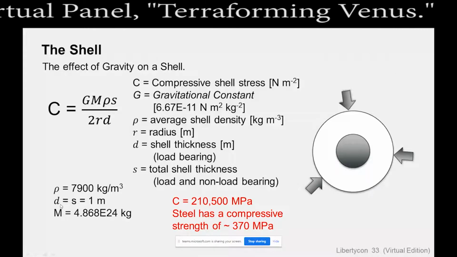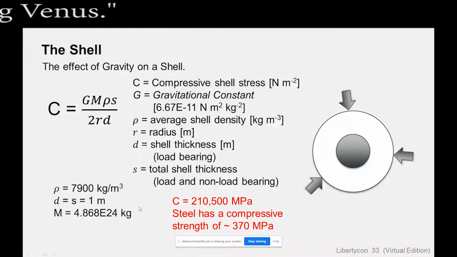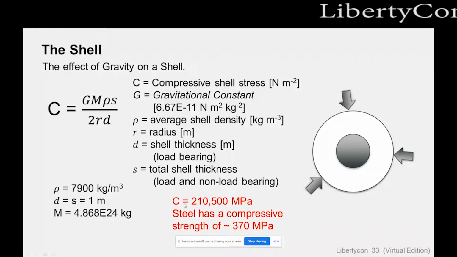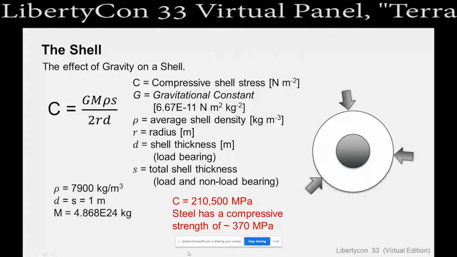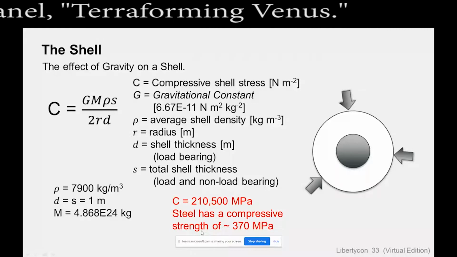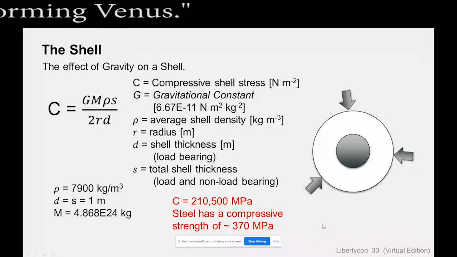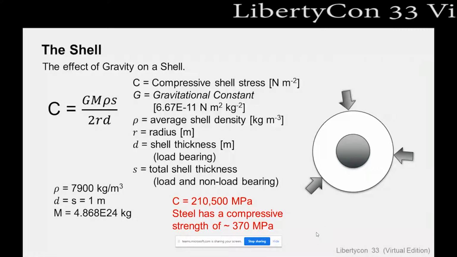Again, we assume the thickness is 1 meter of steel, and this gives you the total mass that we're dealing with. It's a lot of steel. And here, the compressive stress is equal to 210,000 MPa. But steel only has a compressive strength of around 370 MPa. So again, it looks like gravity would just simply crush this like a cooked eggshell.